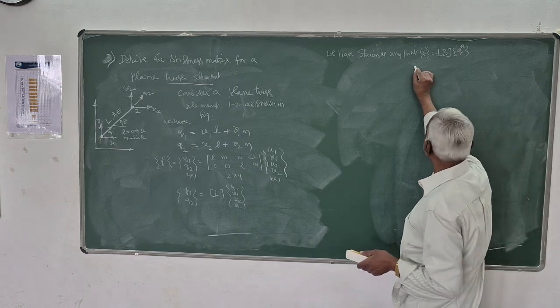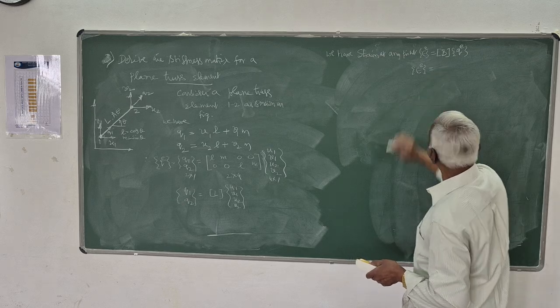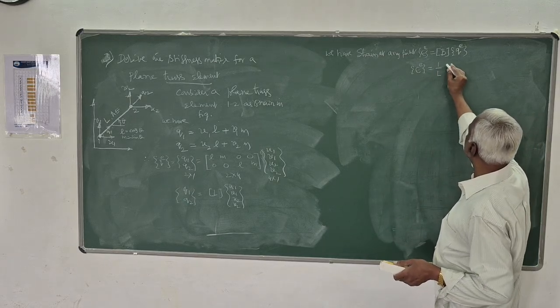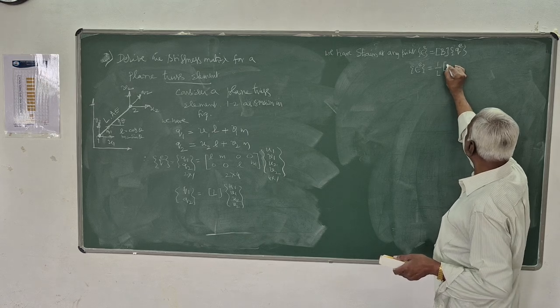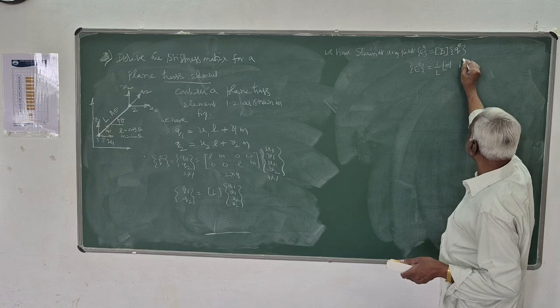So epsilon e is equal to B, which is 1 by L into minus 1, 1.